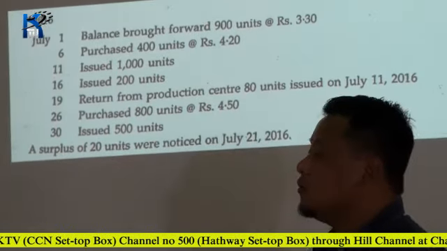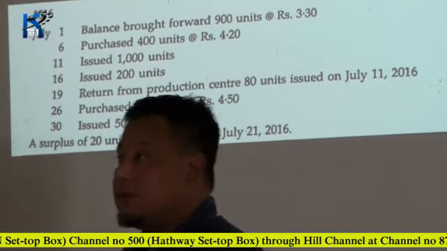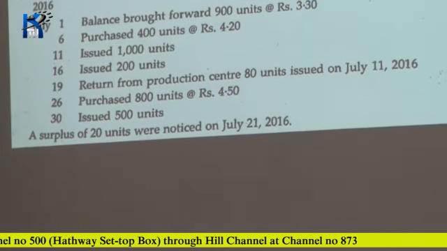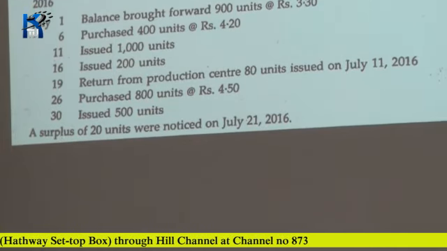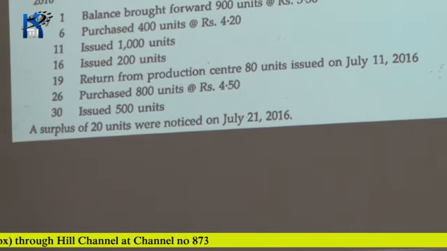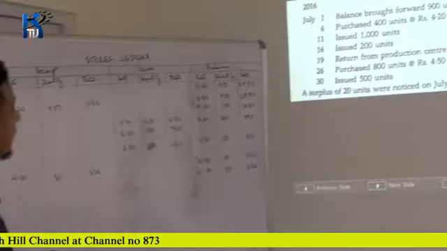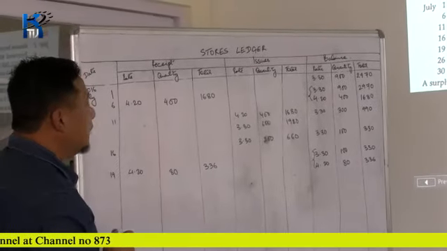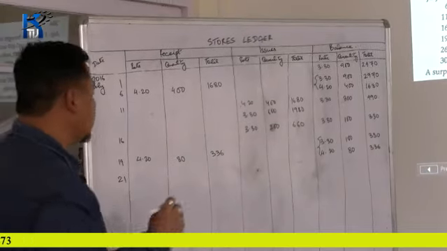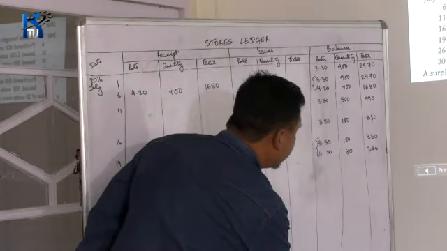Sometimes what happens is that some materials remain unaccounted for, and the storekeeper notices these discrepancies in the middle of the month. So this surplus, we will have to take it as a receipt. There was a surplus of 20 units.